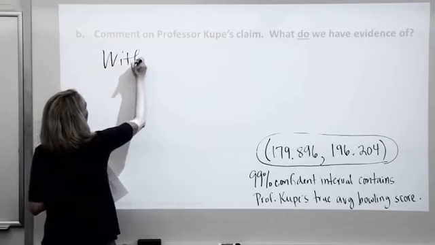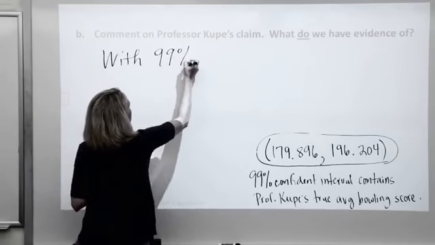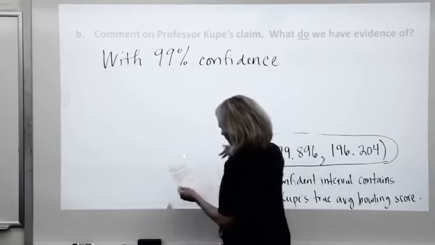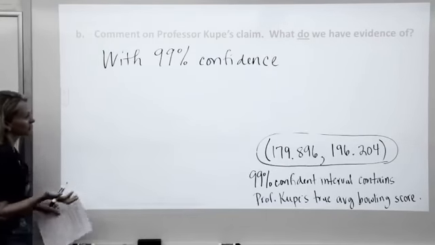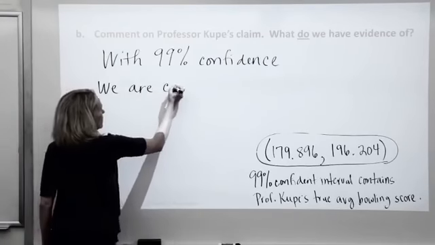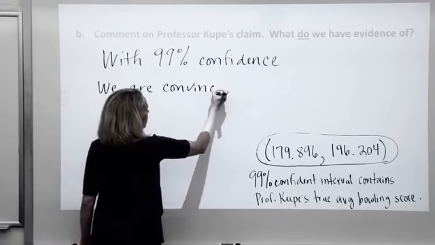So with 99% confidence, we're convinced he's not a 200 average bowler.